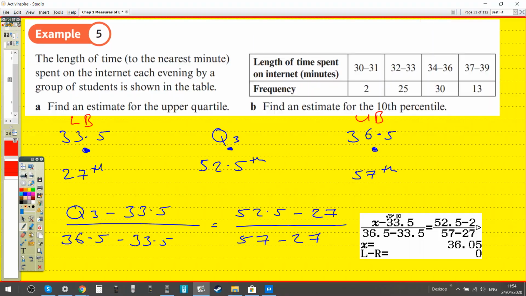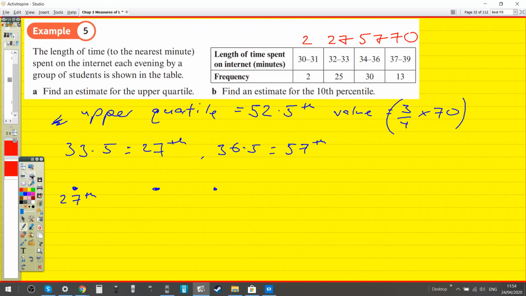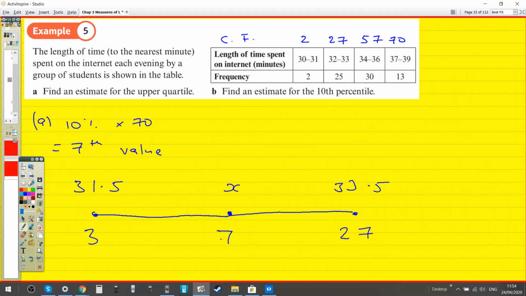Let me go back to the one that we did. Q3, 10th percentile. So this was the 7th kid. So the third was 31.5. The 27th is 33.5.